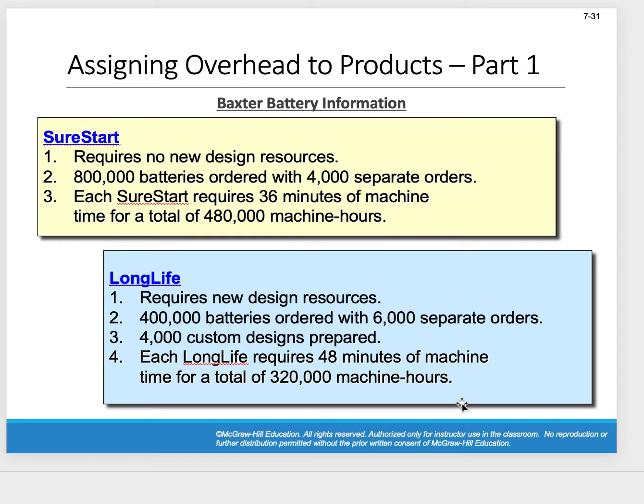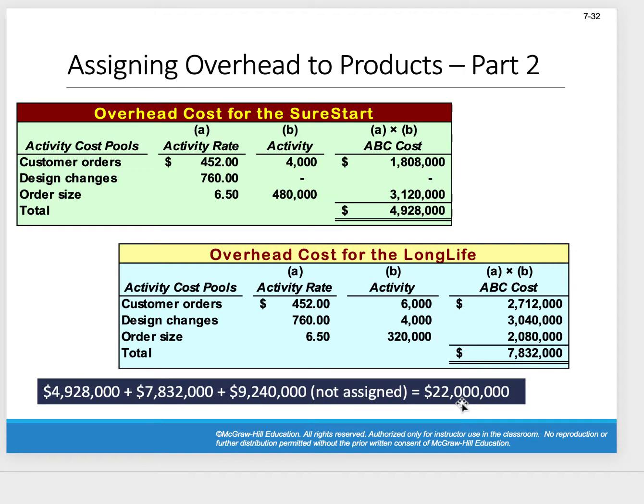Now we're going to apply. Remember, we take the actual times the predetermined overhead rate. So if our predetermined overhead rate was $20, based on machine hours, and we actually incurred 400 machine hours, we would take the 20 times the 400, and that's how we apply overhead.